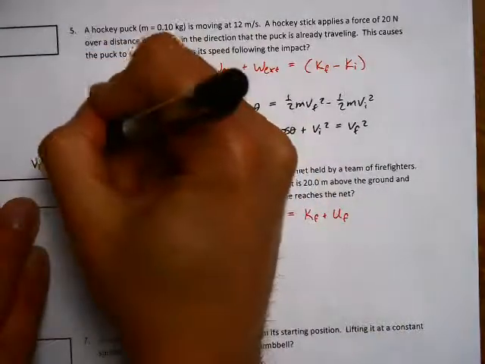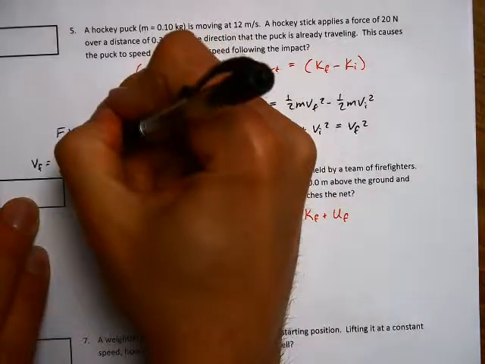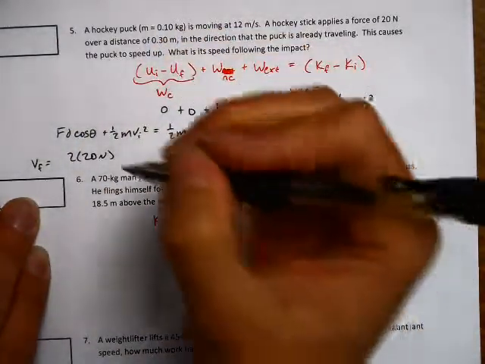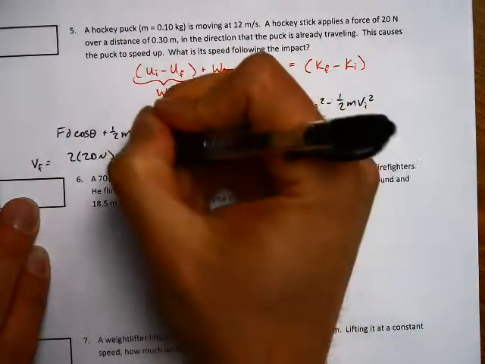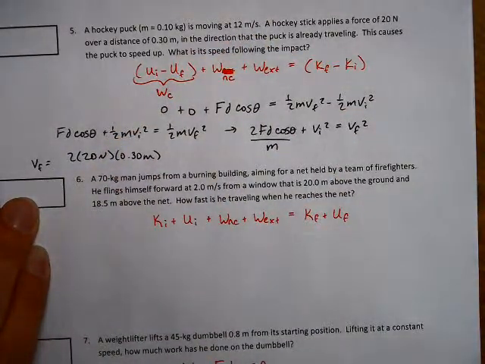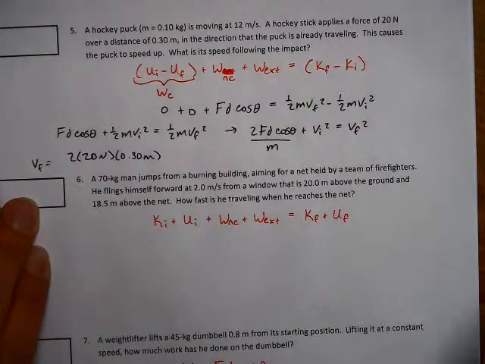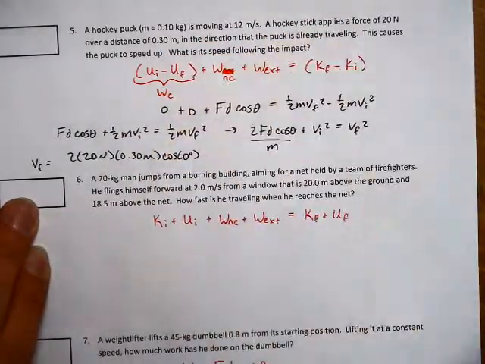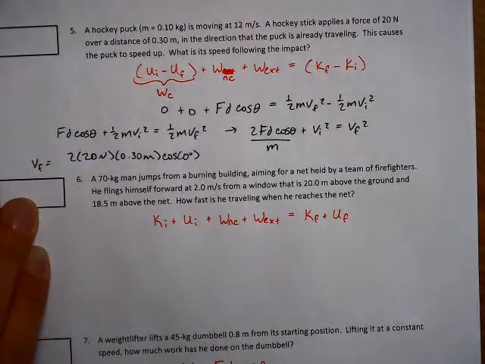We're going to have 2 times our force. Our force is 20 newtons. Our distance, the magnitude of displacement, is 0.30 meters. Because the force and the displacement are in the same direction, the angle between those two vectors is 0 degrees. Cosine of 0 degrees is equal to 1, so we really could leave that out.